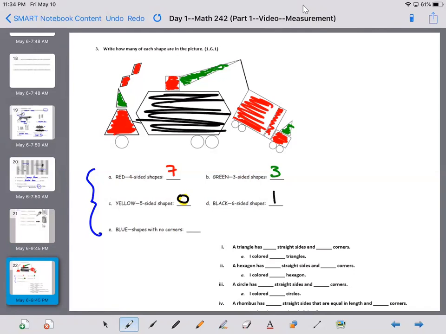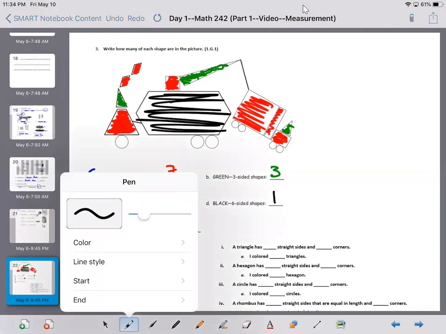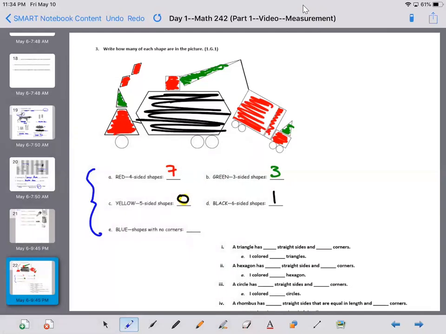And then blue is that we're going to say in blue they have 0 corners, no corners. So that would be our circles, 1, 2, 3, 4, 5, 6, and we've got 7 circles. And so then down below, we've just got more in regard to attributes and characteristics of shape.